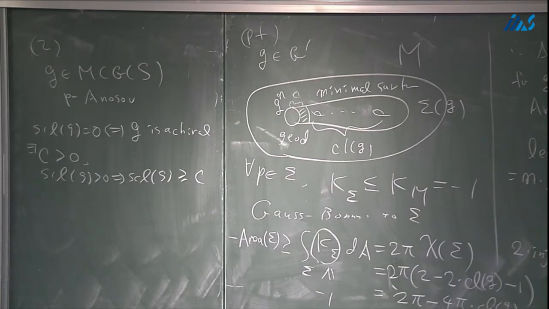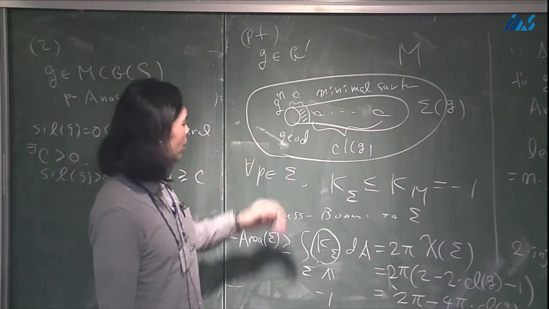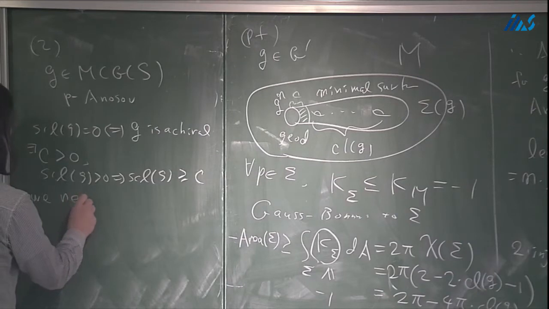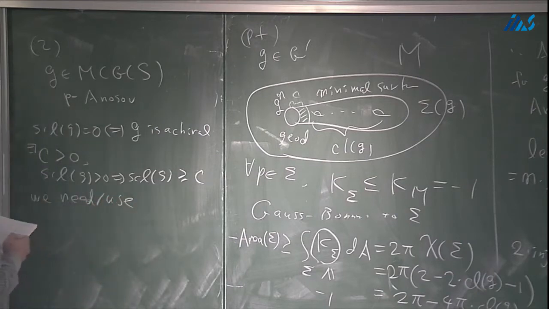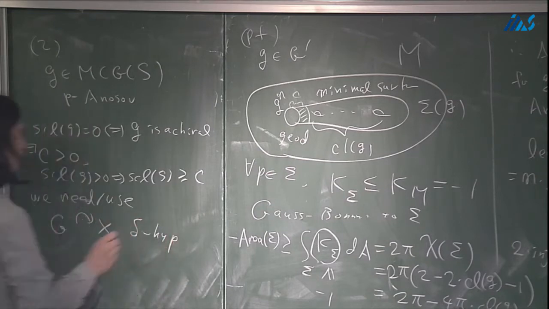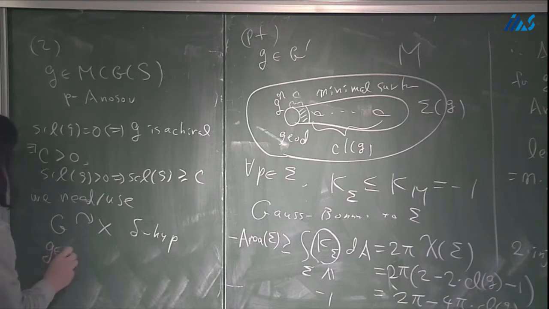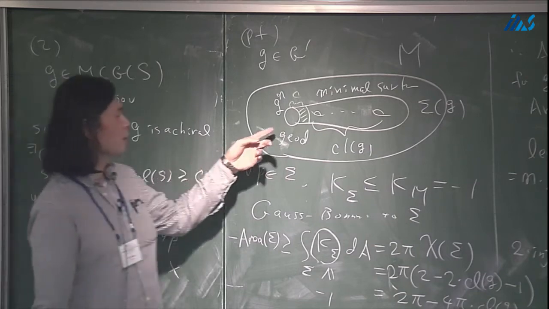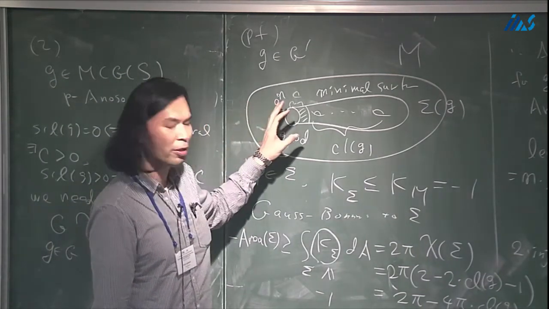So the basic idea behind proving this theorem is, first of all, I told you we are not using a minimal surface, but instead we are using quasi-homomorphism. But still, the idea here is important. So the group G is acting on some hyperbolic space X, and the concerned element g is hyperbolic on X. Hyperbolic means here, as I told you in the beginning, that it is represented by closed geodesics.